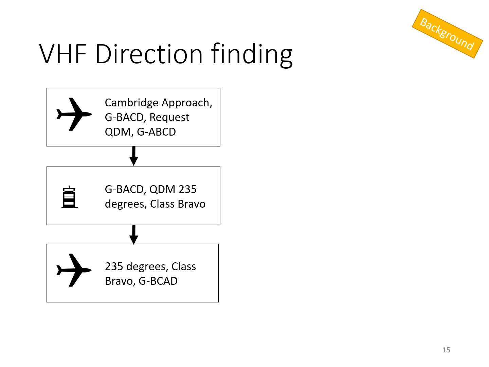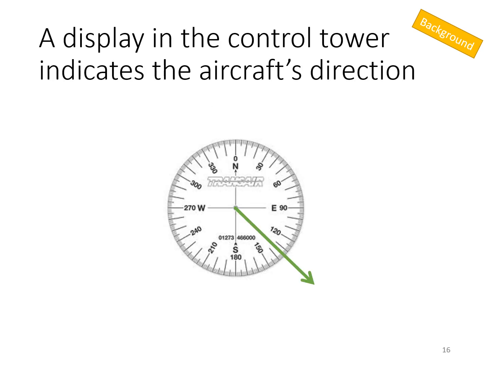Cambridge happens to be one station that can provide this service. A display in the control tower indicates the aircraft's direction.